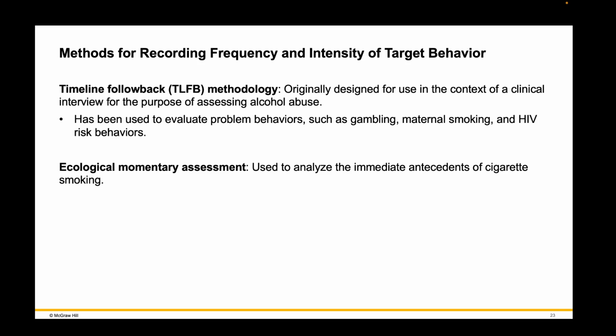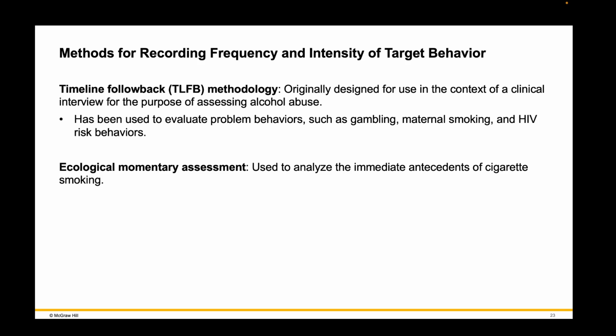So, going back to this method, this had been used to evaluate problems such as gambling, maternal smoking, and HIV risk behaviors. So, yun. And then we also have the ecological momentary assessment. So this is used to analyze the immediate antecedents of cigarette smoking.